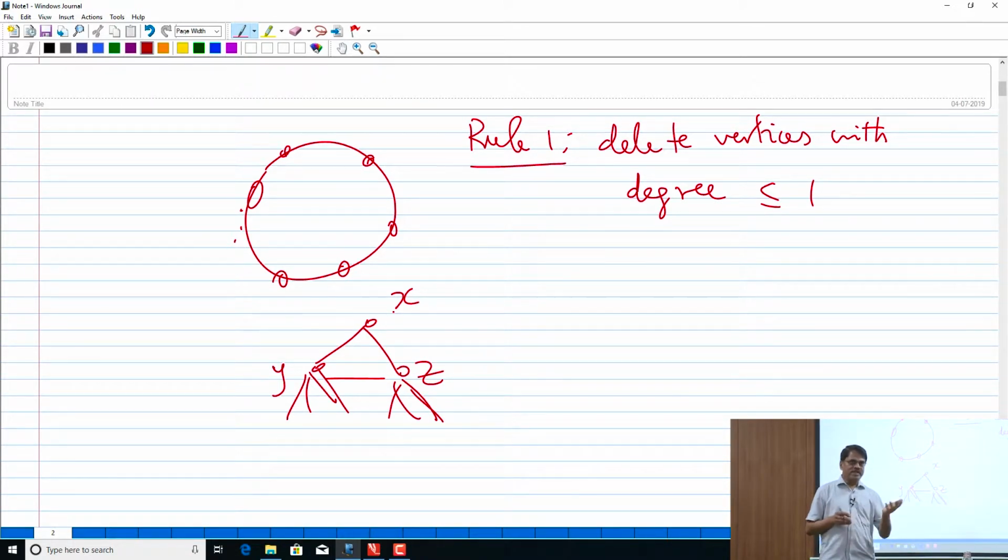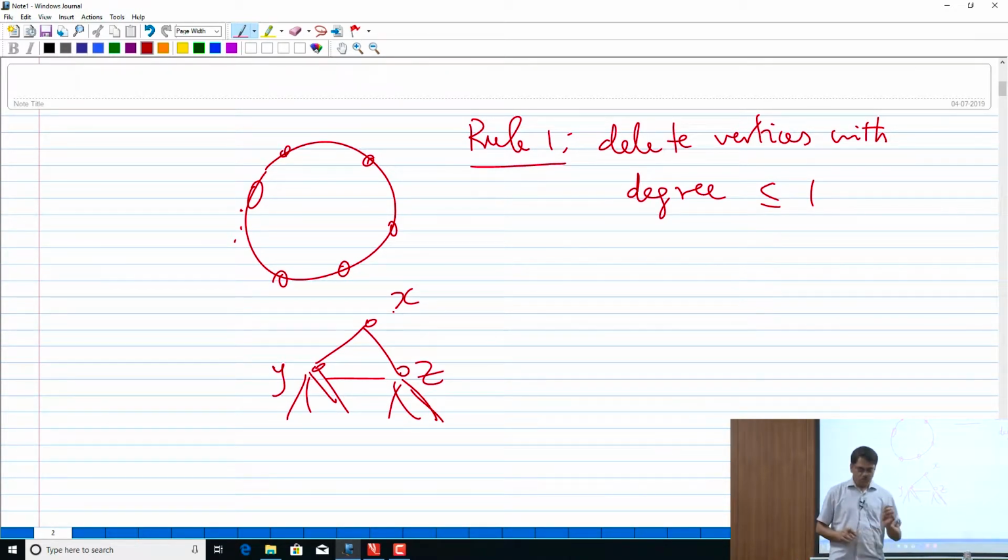I mean, I could just delete x and say, hey, y or z will do the same job as x. But that has some other problem. What problem? The cycles that existed may go away and you've lost your cycle property, right? If I delete x, saying that x is of no use because y and z can play the same role, then a cycle that contained x, y, z would have vanished and you would have left it uncovered.